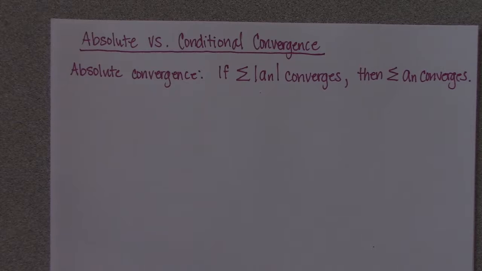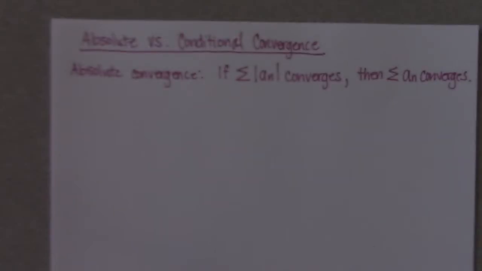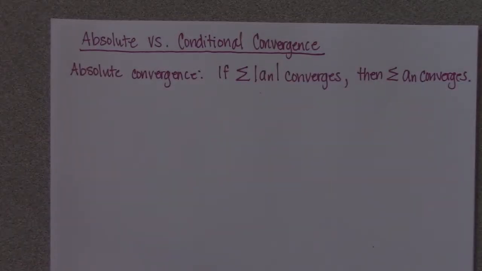But if the terms are alternating between positive and negative, what we're saying is, if we take the absolute value and make all the terms positive and add them up, that's the maximum possible sum you could ever get out of the series. If that converges, then the alternating terms are going to have to converge because they're just going to add up to something less, because you're going to give a little, take a little back, give a little, take a little back.